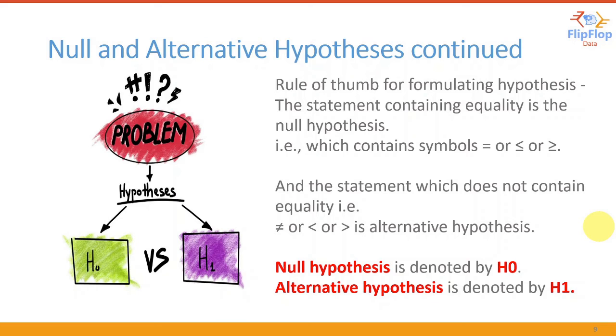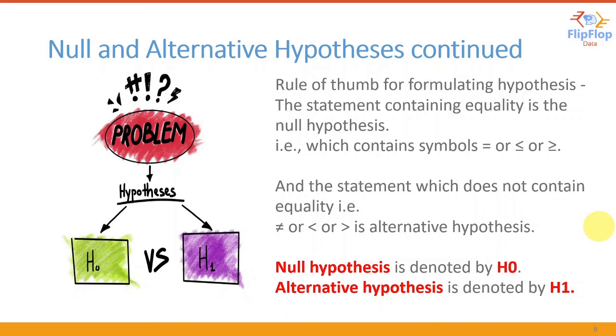That is, the hypothesis which contains symbols like equal to, less than or equal to, or greater than or equal to is taken as null hypothesis. And the hypothesis which does not contain equality, that is, contains not equal to symbol or less than or greater than symbol, is taken as alternative hypothesis.